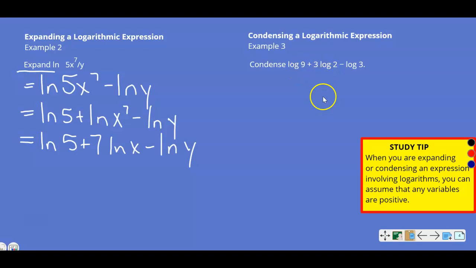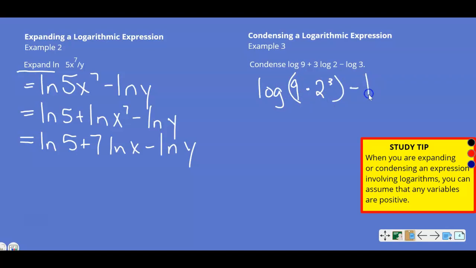So let's say log of 9, and then times, and then we can write this as a power. We know this is going to be 2 to the 3rd power. Now we have minus log of 3.